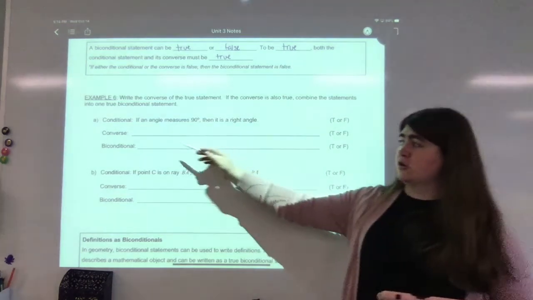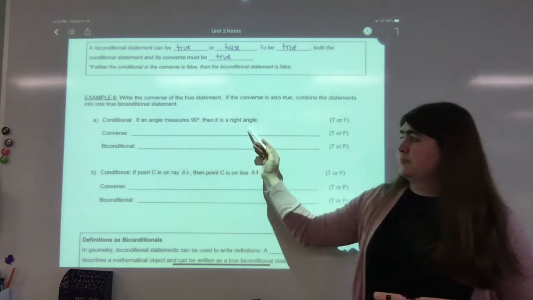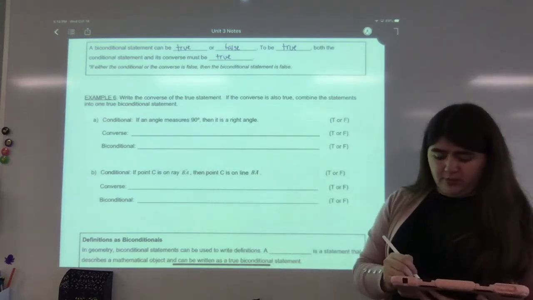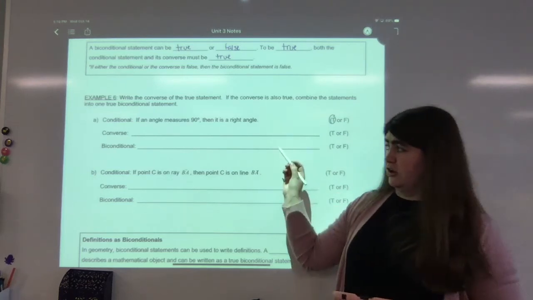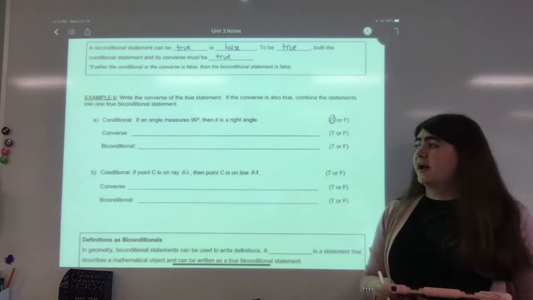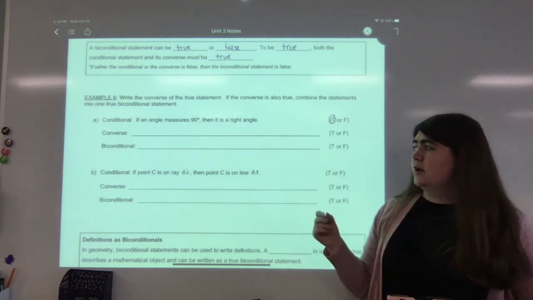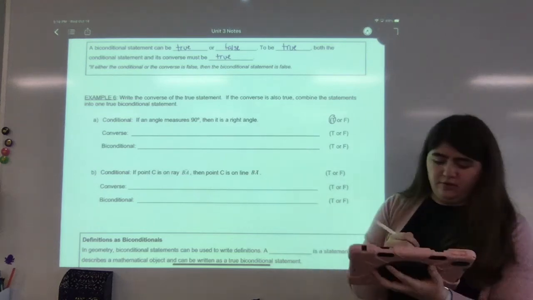So I have this conditional that says if an angle measures 90 degrees, then it is a right angle. And I already know it's true because it said it was true in the instructions, but that's a true statement. We know that. So the converse then, we would take what's after then and put that in front, after if.